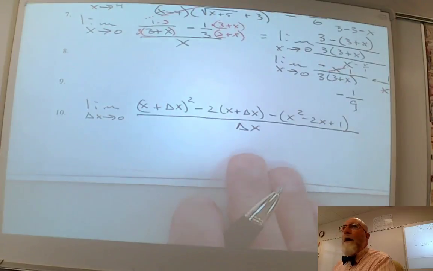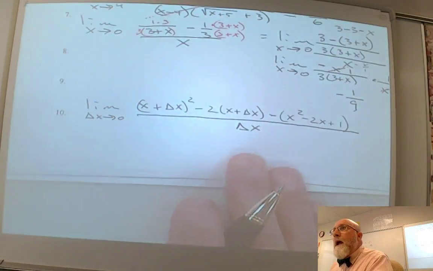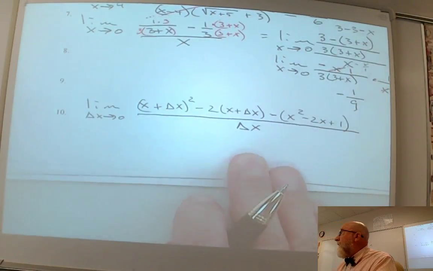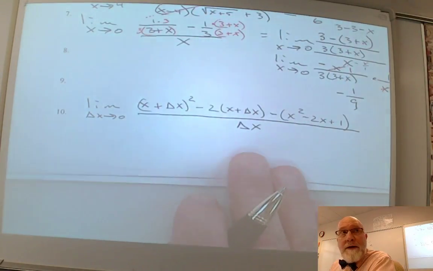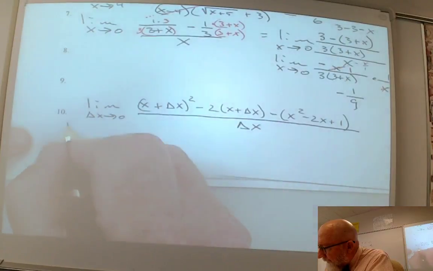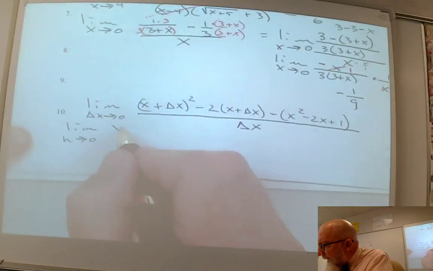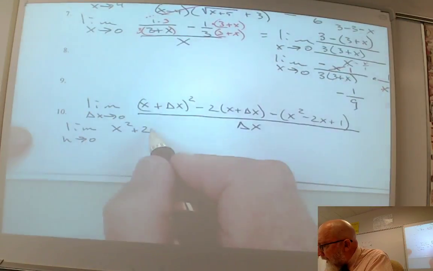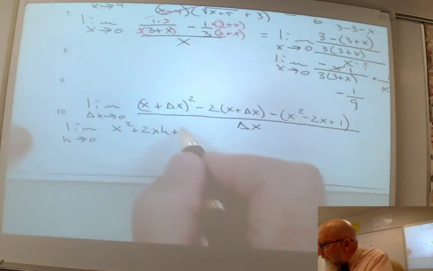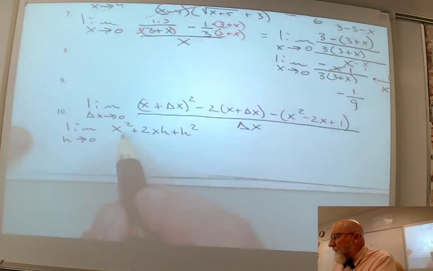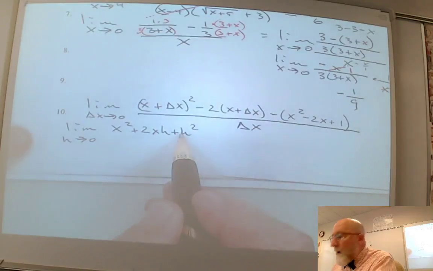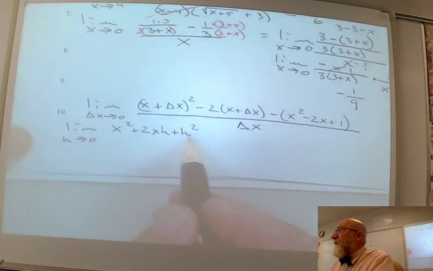And so what you can do, and the book does this, you can replace the delta x with h. Okay? See? The limit as h goes to 0. So this is going to be x squared plus 2xh plus h squared. I looked at this as x plus h, and I expanded it. Do not write x squared plus h squared.